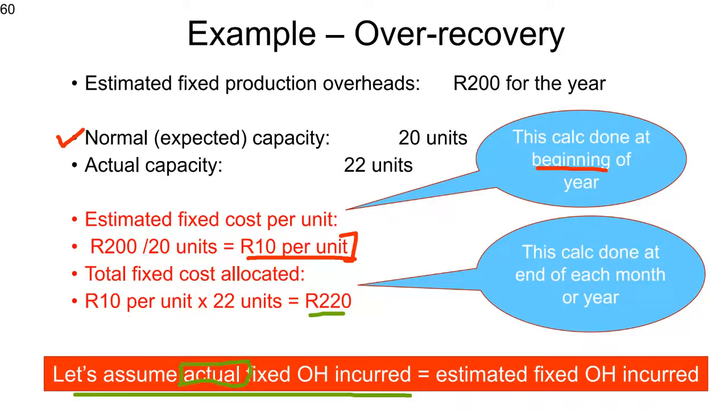It's sort of saying what I was telling you before, let's just assume we can always predict this 200 Rand accurately. We're never wrong. That's what this statement is saying for us. And so now the question is, what happens?